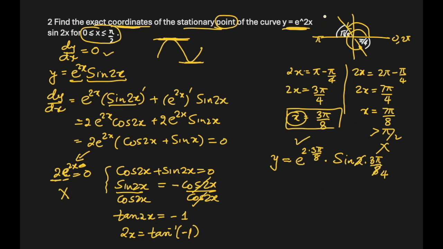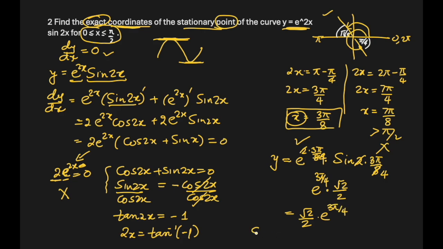In this quadrant, 3 pi by 4 is here, sine is positive, which is 1 over square root 2 or square root 2 over 2, let's say square root 2 over 2. Here 2 and 8 cancel, so we get e to the power 3 pi by 4 times square root 2 over 2, and if you want you can write square root 2 over 2 first. They said exact coordinates, so this will be the y coordinate.